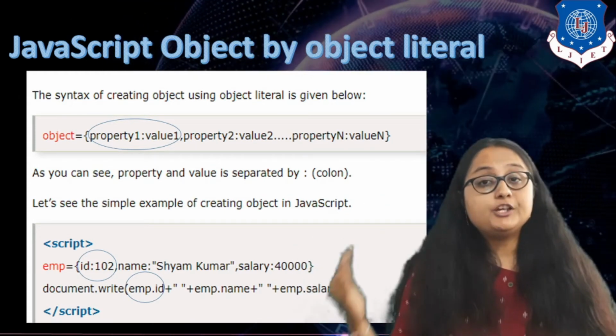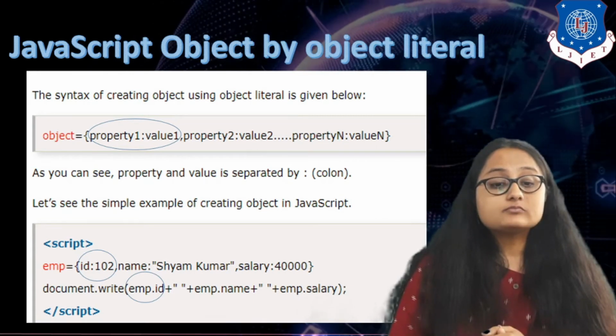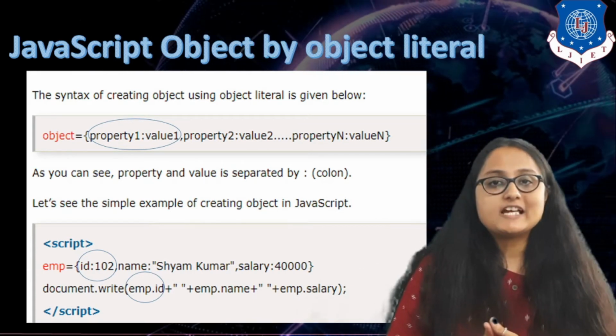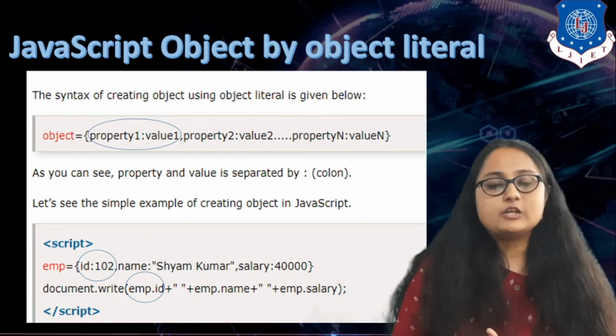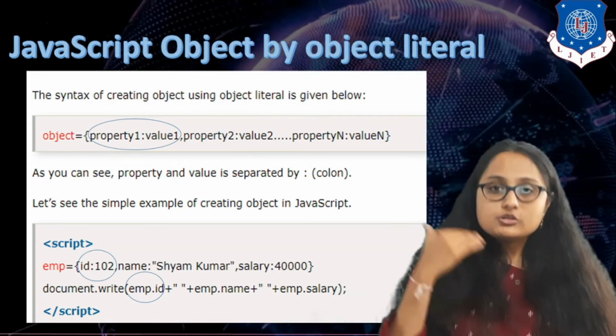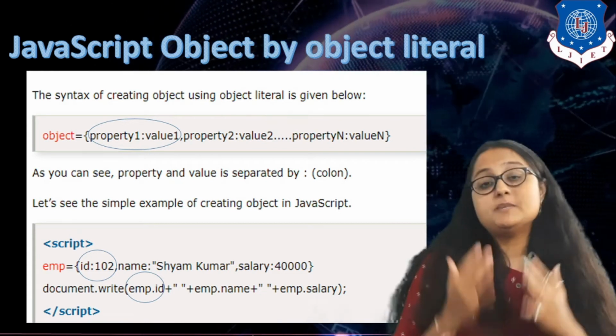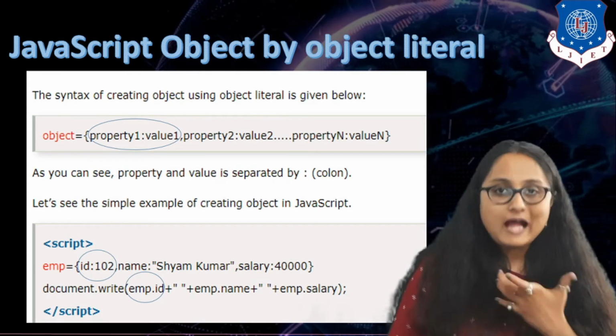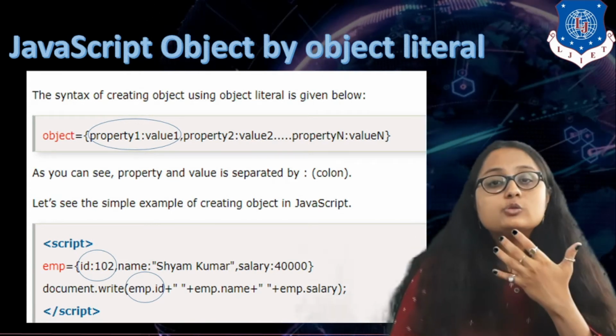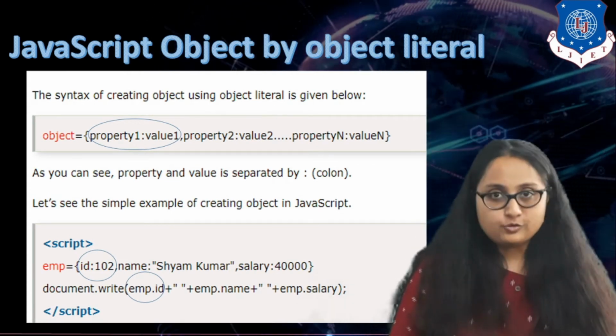After that emp.name, the value attached is Shyam Kumar, and emp.salary, the value attached is 40,000. So this is the basic syntax. We will see one program and run it, then you will get more idea of how to execute this code.